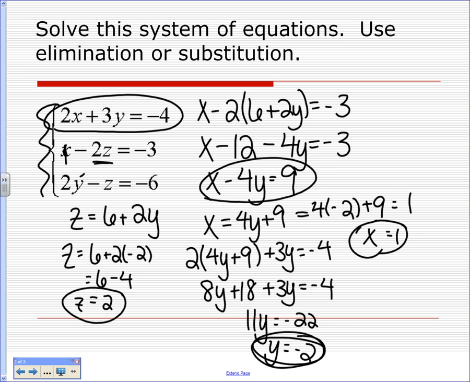Now, do you agree? How do we write our answer for these? Yes, alphabetical order. Make sense? Any questions? Almost. It's just, instead of having all three variables, now you only have 2.